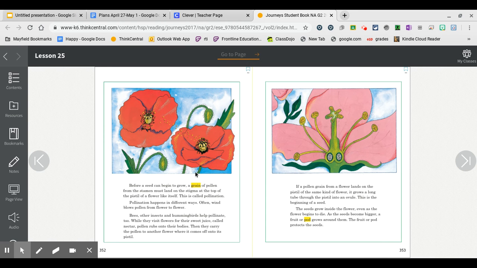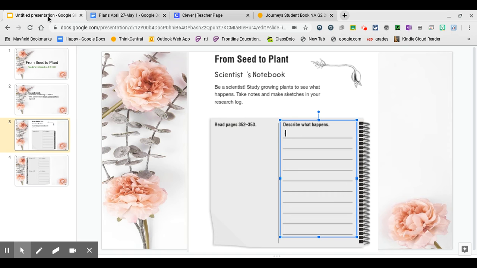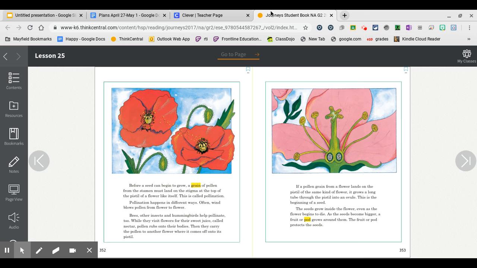Our first page, we're going to stop and think and summarize what happened on this page. Well, I know that this page was about pollination. So my first note is going to be about pollination. And then I'm going to put these dots right there. And let's talk about what pollination is. If we look back at our first paragraph, it says that before a seed can begin to grow, a grain of pollen from the stamen must land on the stigma at the top of the pistil of a flower like itself.